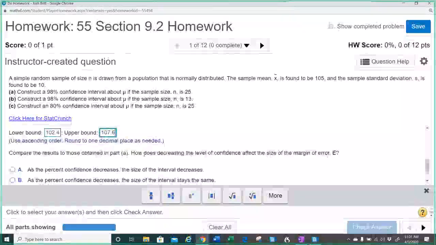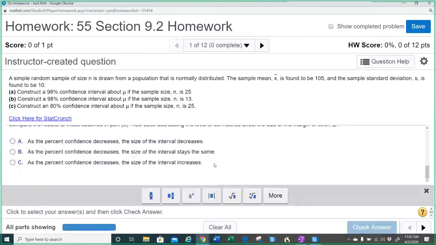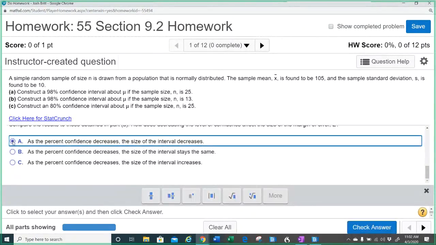All right, and this time, how does decreasing level of confidence affect margin of error? So decreasing level of confidence makes margin of error go down. As percent confidence decreases, the margin of error goes down. And if that goes down, that means the interval decreases as well. Okay, so you want to think margin of error, wide interval. Small margin of error, narrow interval.